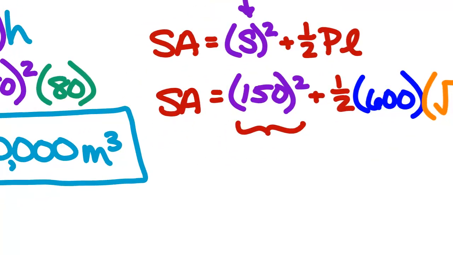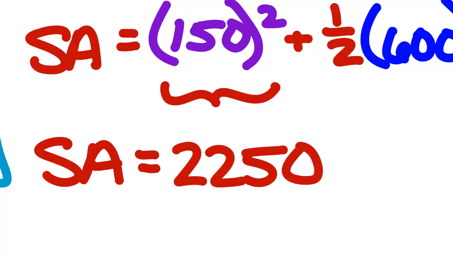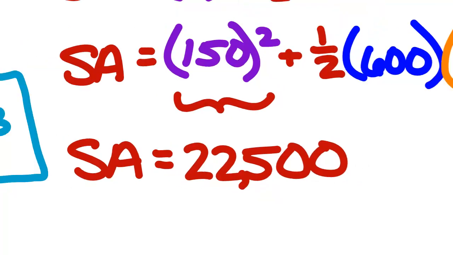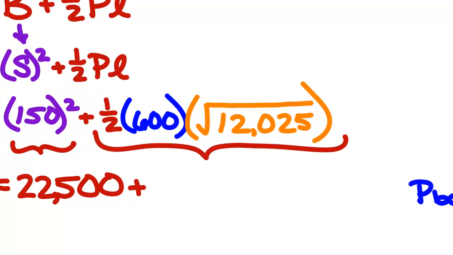What is 150 squared? 225. How many zeros? 2 zeros. Thank you. I put my comma in the wrong spot. 22500 plus, and now I need all of this, 1/2 times 600 times the square root of 12,025.